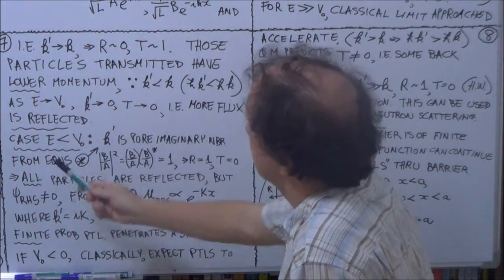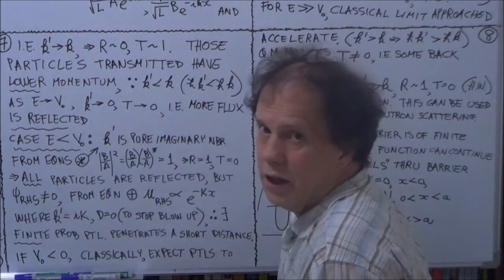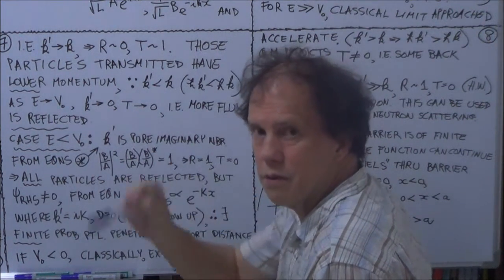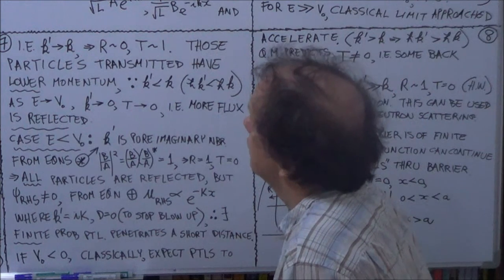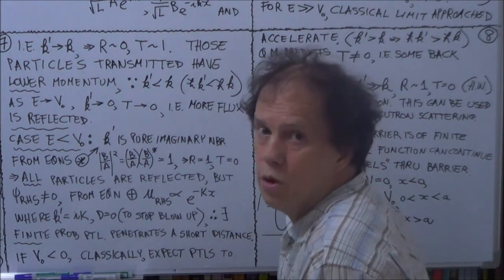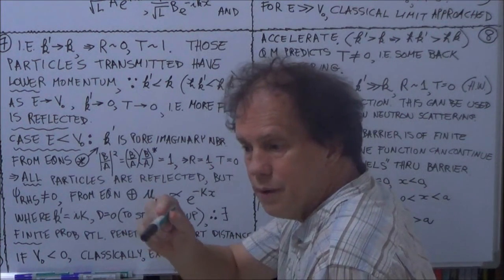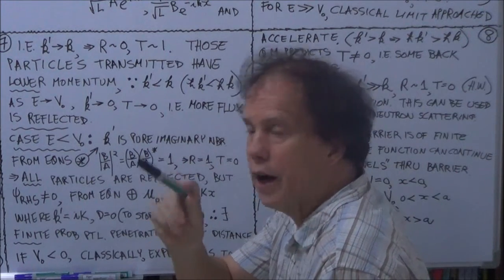So when your energy is less than V naught, then your k dashed, from the definition in the previous session, is pure imaginary. So it's of the form some real number times i.